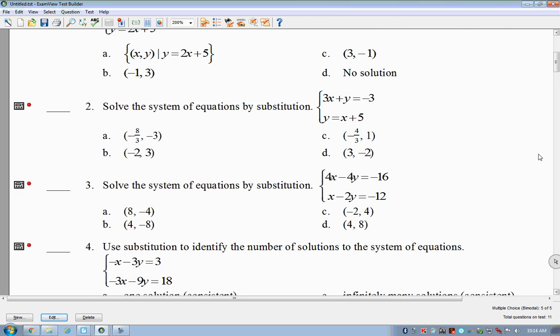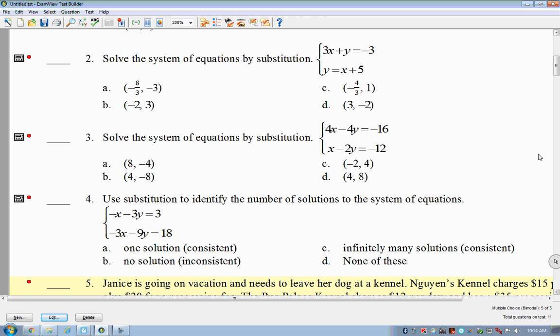All right, let's look at question number 2. It wants us to solve this system of equations by substitution. So what am I going to do from the lower equation to the upper equation? We've got 3x plus x plus 5 equals negative 3.